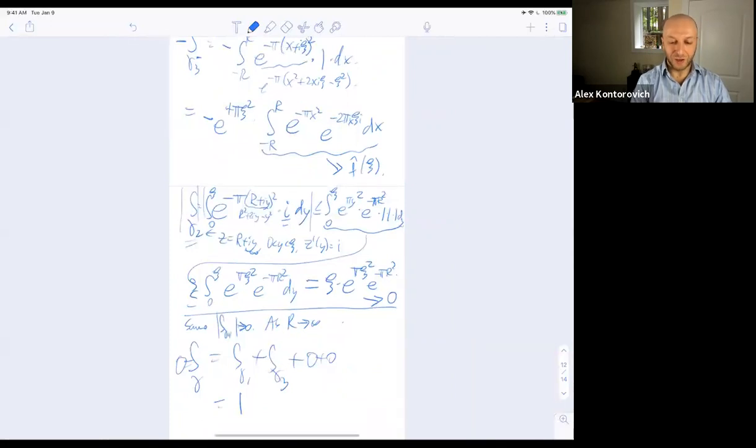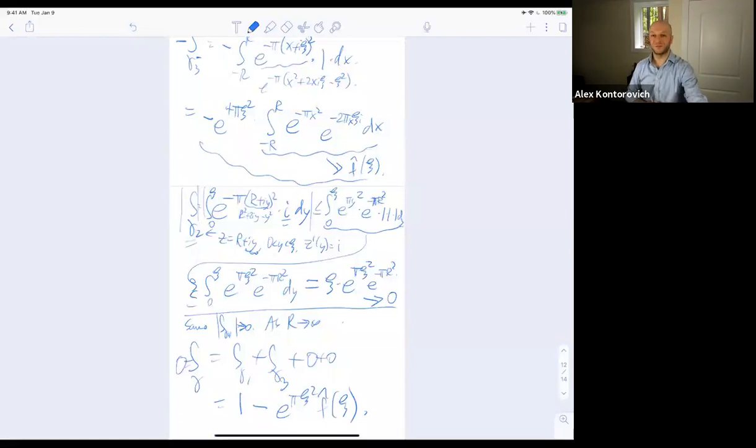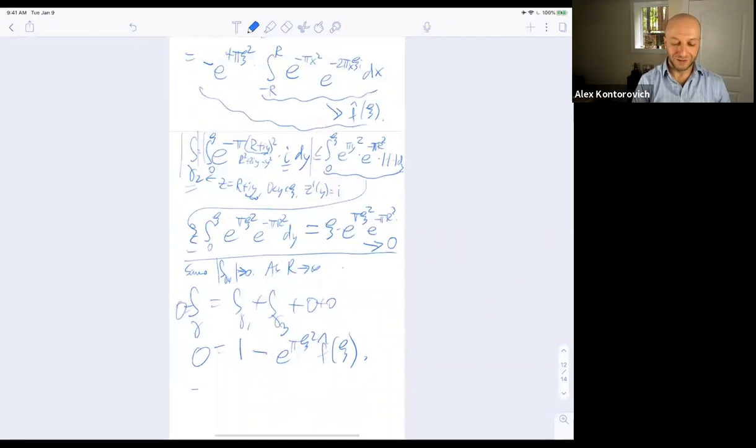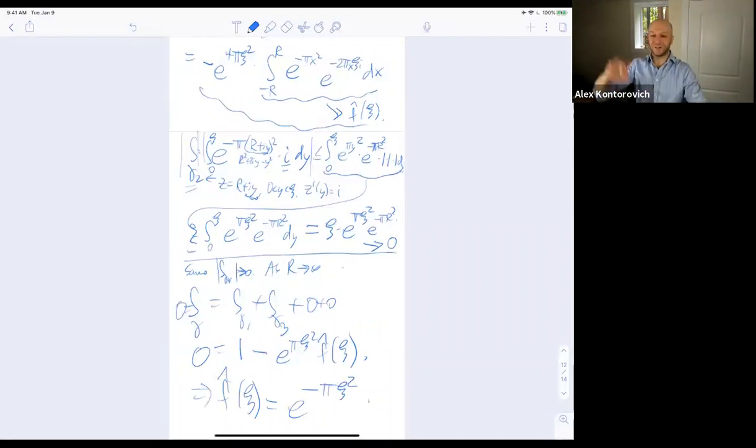Gamma 3 was minus e to the pi C squared times the thing that we're trying to compute. And that's equal to 0. So when I put it to the other side and divide, the Fourier transform of the Gaussian is the Gaussian.